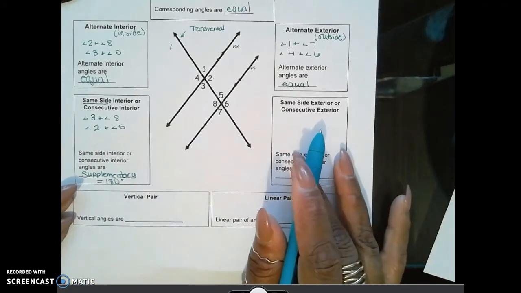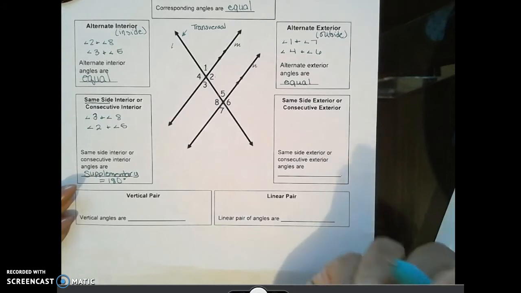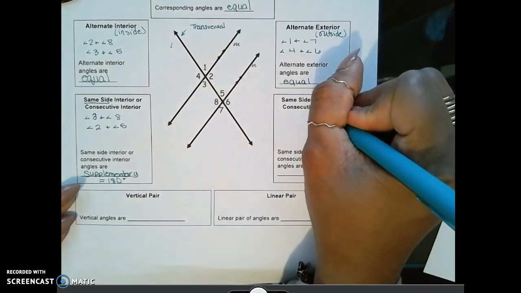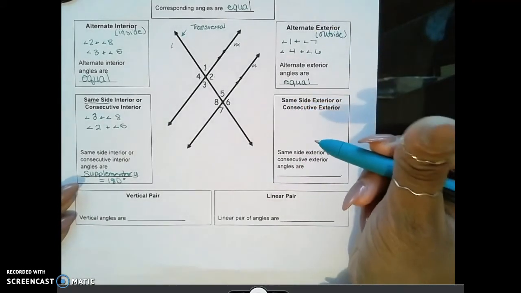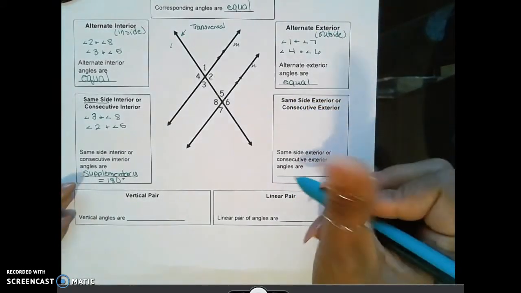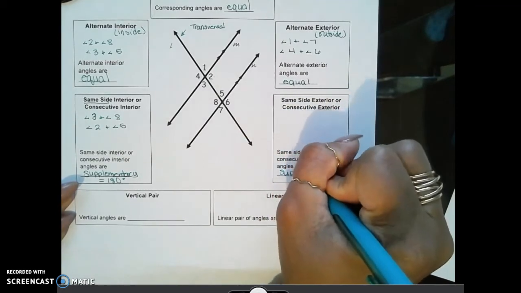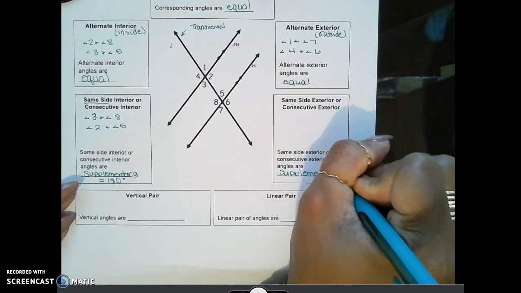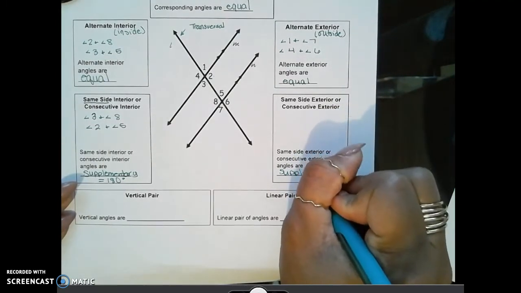And then we're going to do the same side exterior or consecutive exterior. Remember, exterior is outside, on the same side. Okay, so if you look at that, those two angles are also supplementary, which means if you add them together, they will equal 180 degrees.